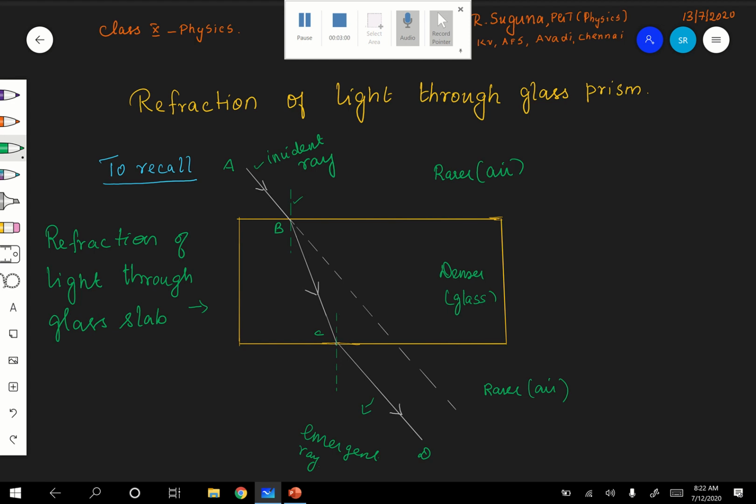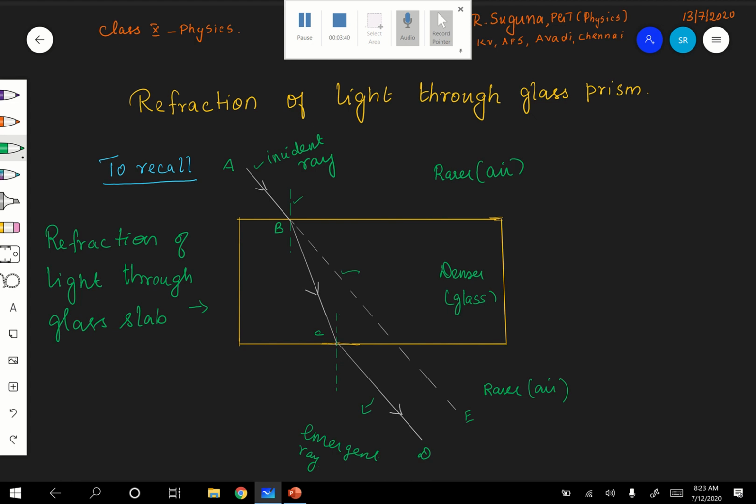Now this is the path of the incident ray. If you extend the path of the incident ray, BE is the path of the incident ray when extended. CD is the emergent ray, and both are parallel.